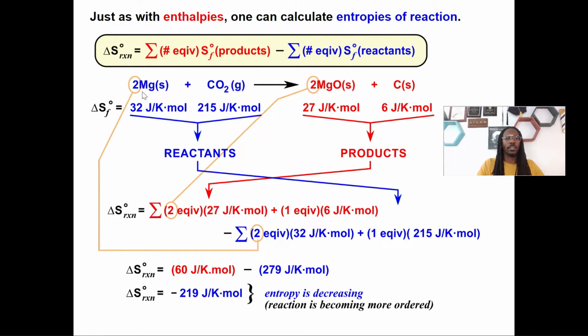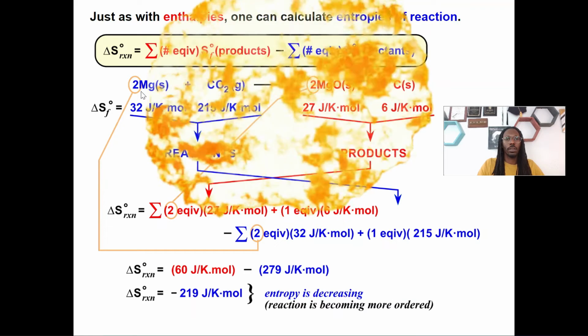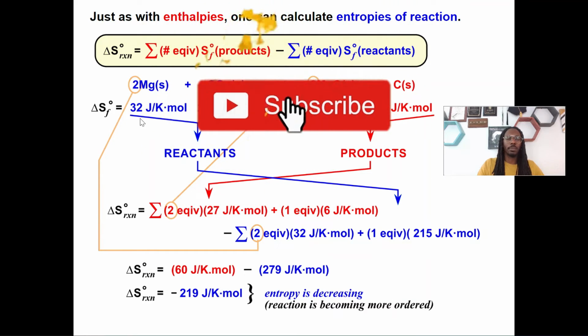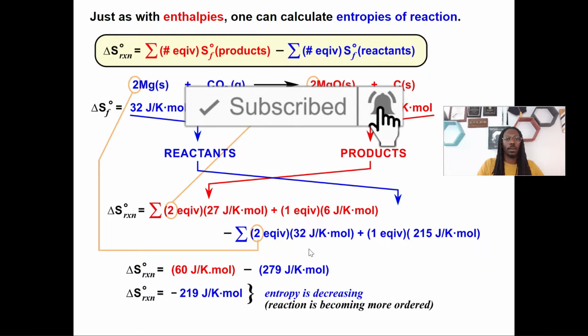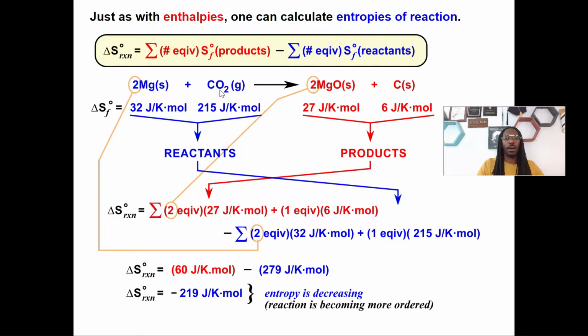In this case, our reactants are going to be 2 times my magnesium. In this case, magnesium is going to be 32, okay? And then we have our carbon dioxide. In this case, carbon dioxide is going to be 215, 1. So we're going to do products minus reactants in this case, and then we'll add them all up together.